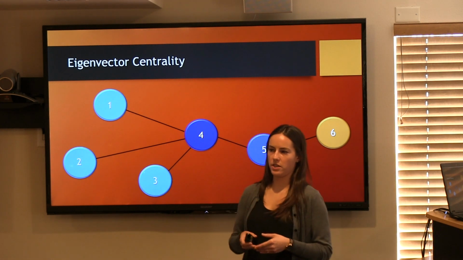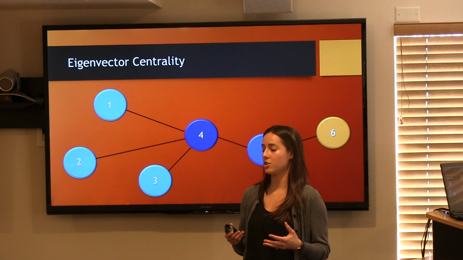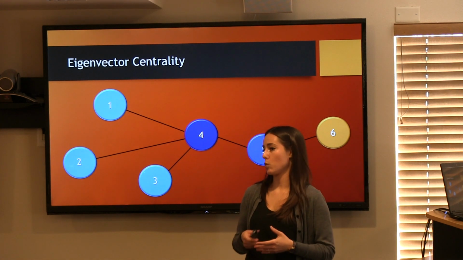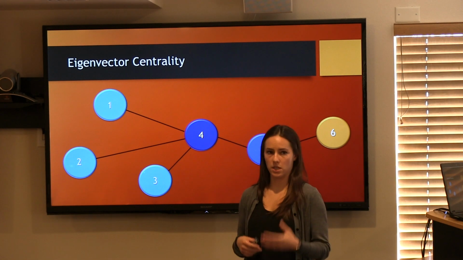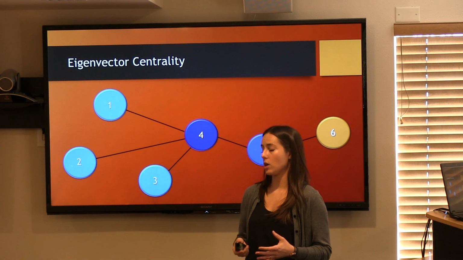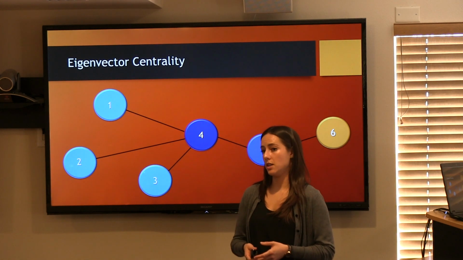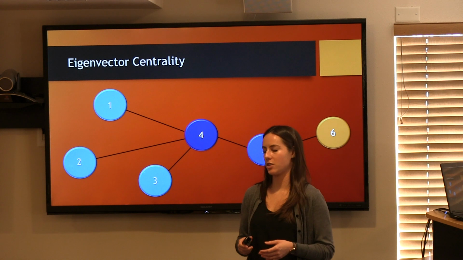But while the CEO will have high influence through a number of connections, the CEO's right-hand person or deputy, who might actually run the day-to-day operations of the company, will be seen as having high eigenvector centrality or high indirect influence in the network, because they are the right-hand person of the person that has the most connections.